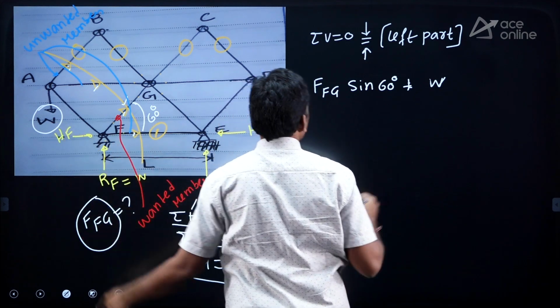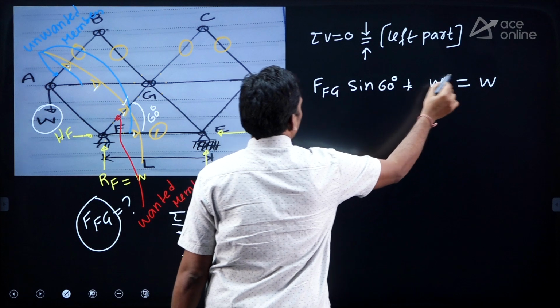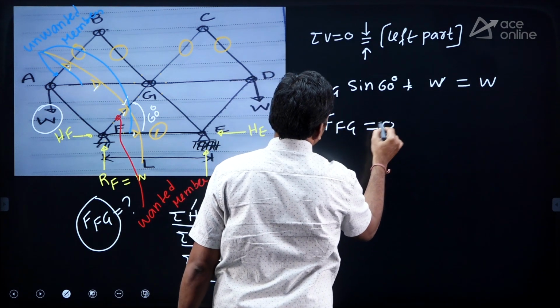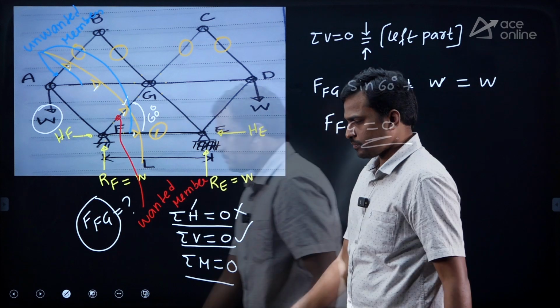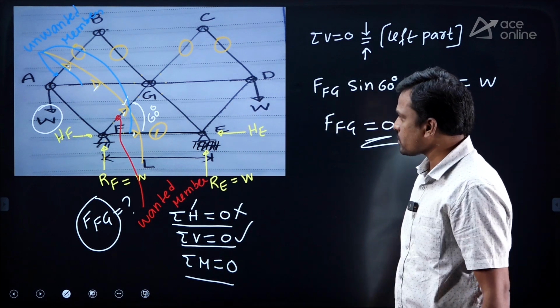Then the downward force is W, so W gets cancelled. So what is the force in member FG? 0. So the force in member FG we got is 0.